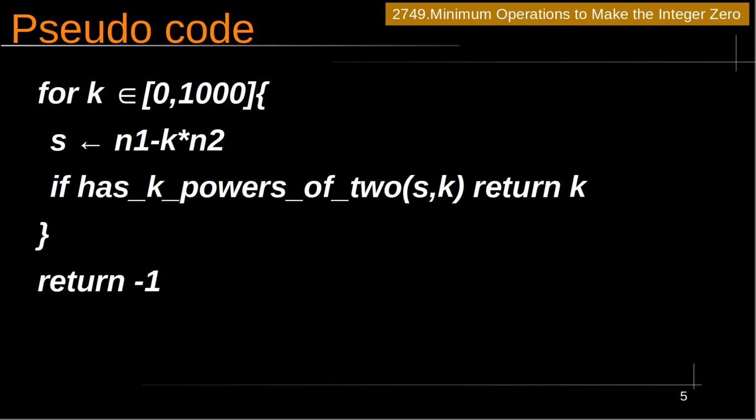Now, I will write a function that returns true if S has k powers of 2, and false otherwise. It takes the parameters S and k. If it returns true, we return k. If k is not returned by the end of the loop, return minus 1.